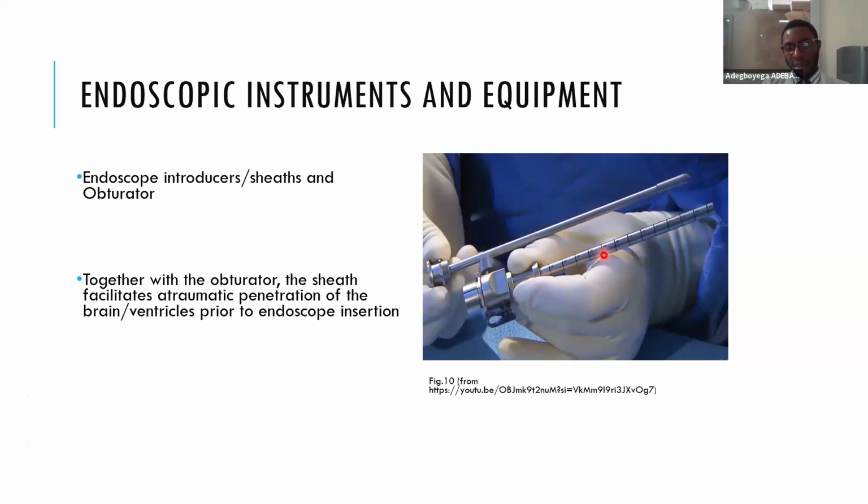It's a hollow cylindrical tube that permits insertion of the obturator. Together, the obturator and the endoscope sheath permit atraumatic penetration of the brain and the ventricles. The endoscope sheath also permits insertion of the endoscope after creation of an access.